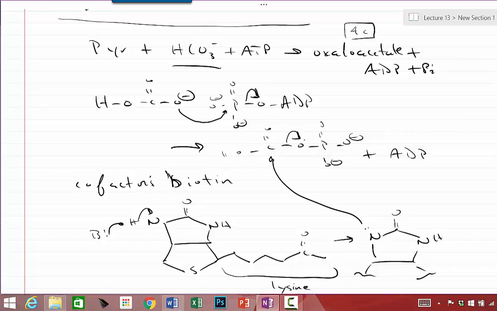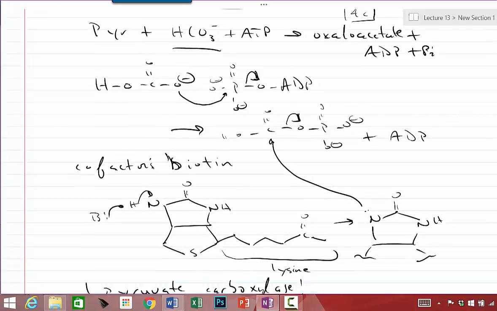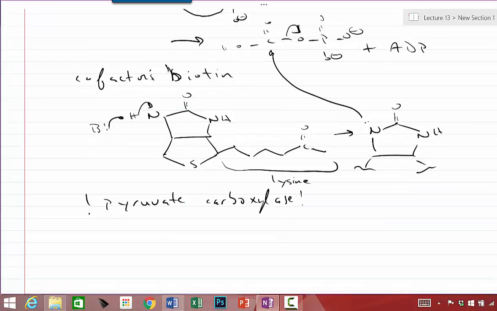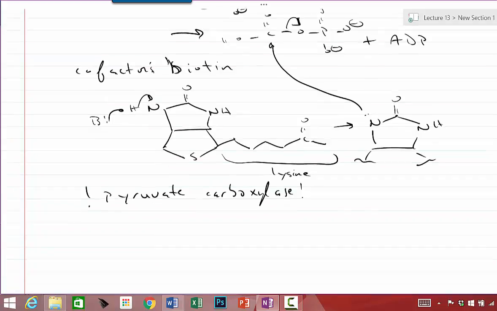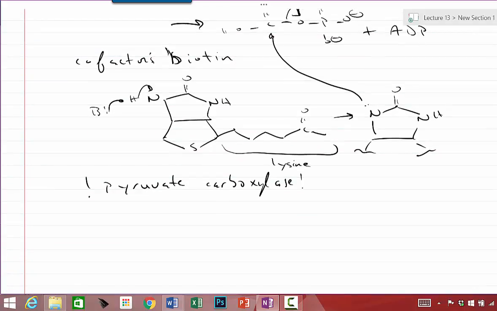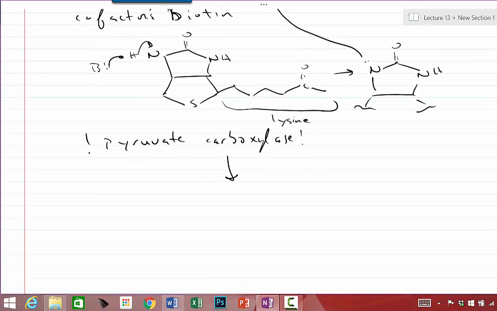The phosphate is going to leave, and so now we get biotin attached to the carboxyl group there. We'll go ahead and redraw that.